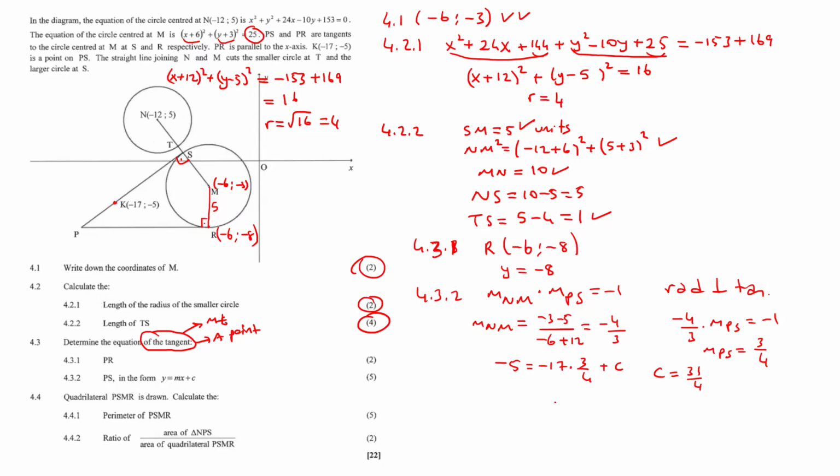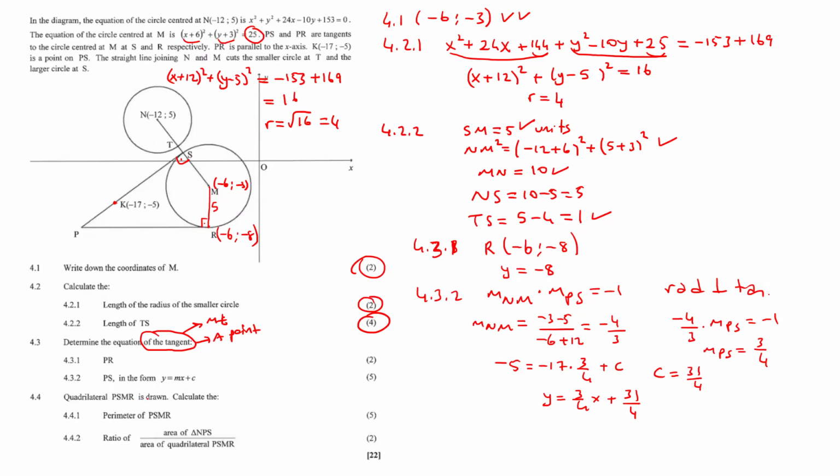Okay, if you use your calculator, you're going to get equation with y is equal to 3 over 4x plus 31 over 4. This was the answer to 4.3.2. Now let's get to next question.